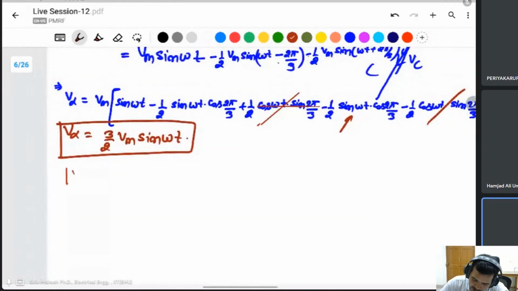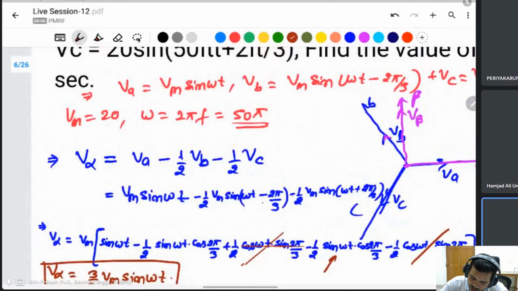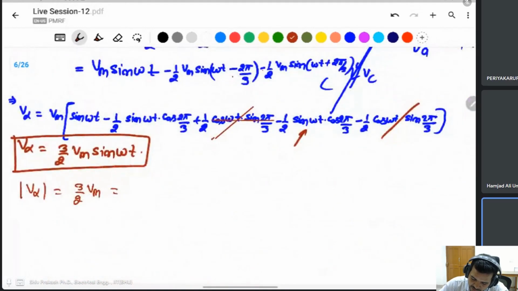In the question, it is asking about mod V alpha plus mod of V beta. Mod of V alpha is equal to 3 by 2 Vm, Vm is equal to 20 as given in the question, which means this will be 30.